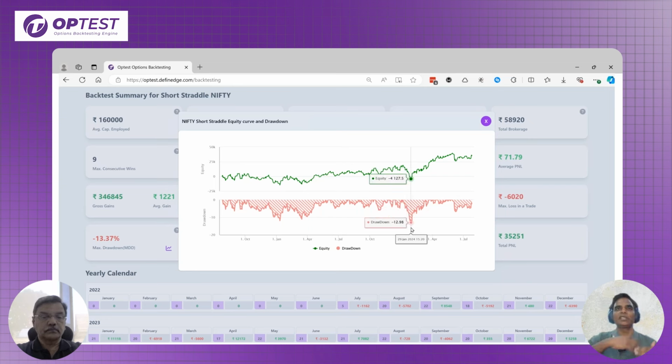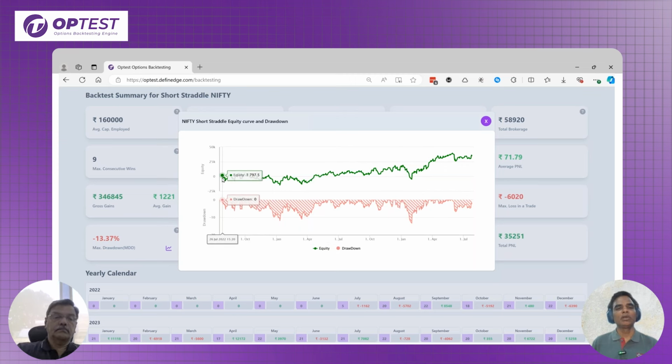So after reaching a certain peak, how much can you expect your equity curve to suffer? Based on this data, in the last 2 years it is around 13%. Here you can see the chart of your maximum drawdown and equity curve. We started with 1.6 lakh or 0 rupees of profit, and we ended up with 35,000 rupees.